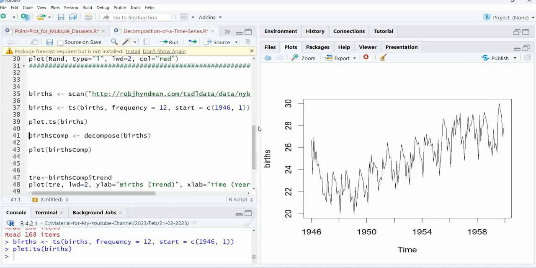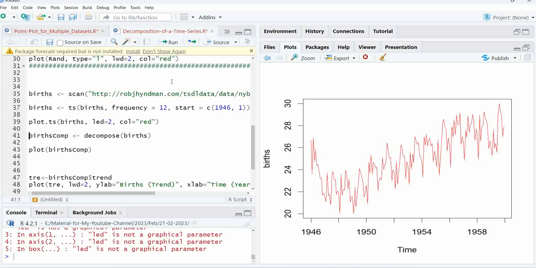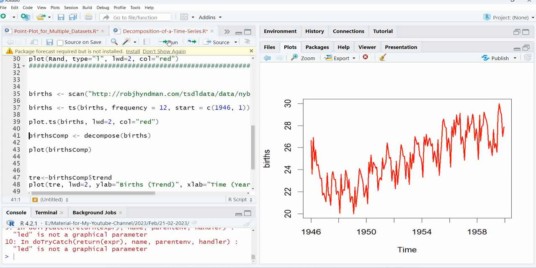Maybe you can write LWD equal to 2, so that it looks more interesting and attractive. COL equal to red. Let's make a more beautiful graph. It should be LWD. Yes, now it is looking like this graph.